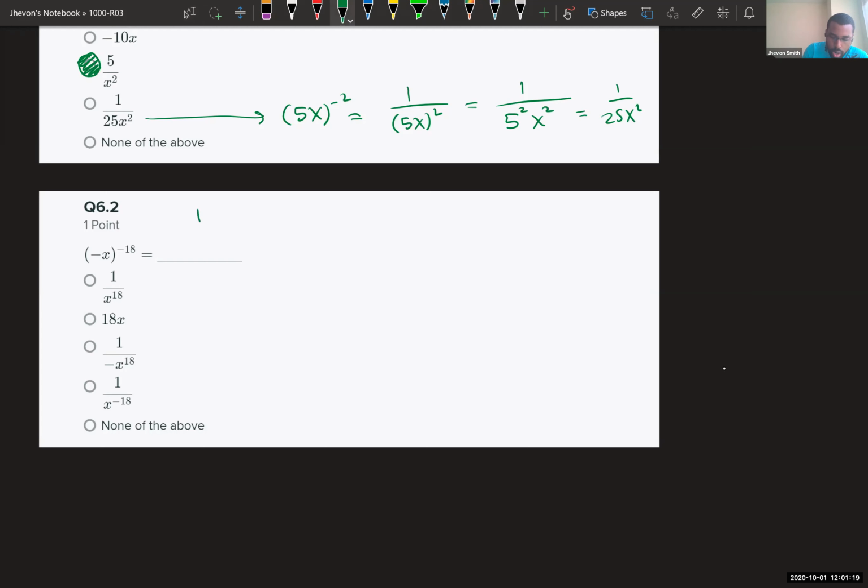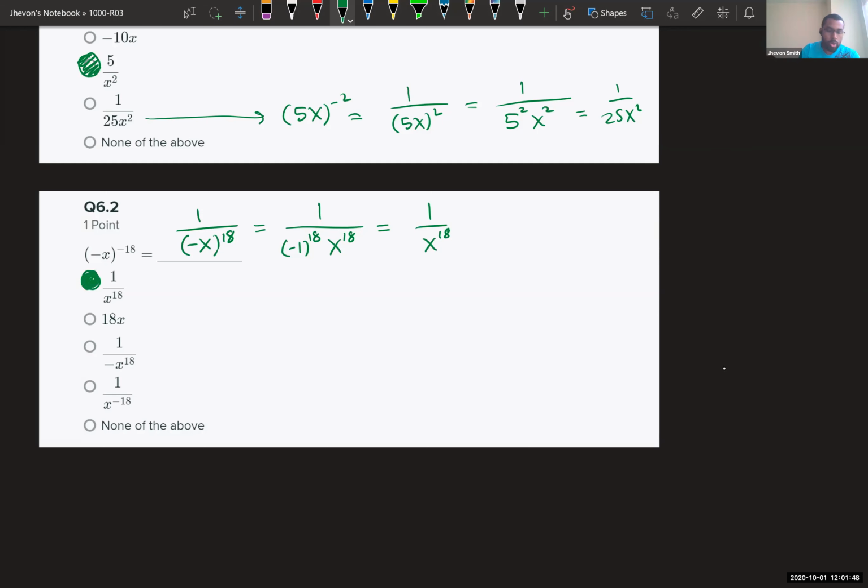So it becomes 1 over minus x to the 18, right? And now it becomes positive x to the 18 because this just now becomes minus 1 to the 18 times x to the 18. And minus 1 to the 18 is actually positive 1. So it now becomes 1 over x to the 18. It's actually the first option, right?